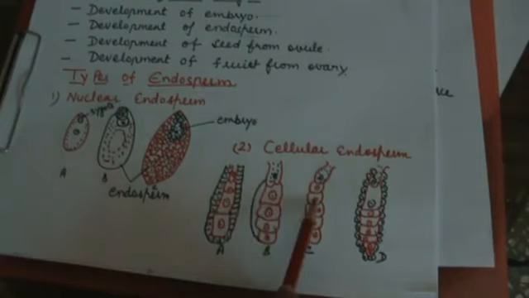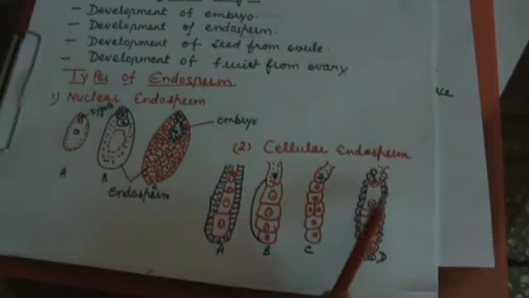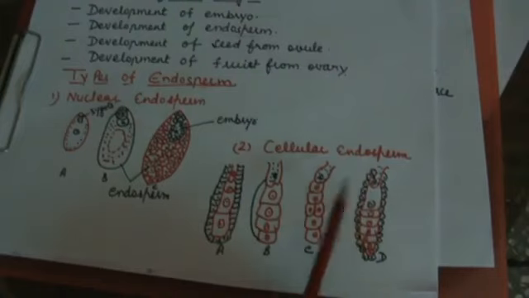Subsequent nuclear divisions and wall formation result in the formation of cellular endosperm. This is the final picture of cellular endosperm. It is found in Petunia, Datura and Balsam.